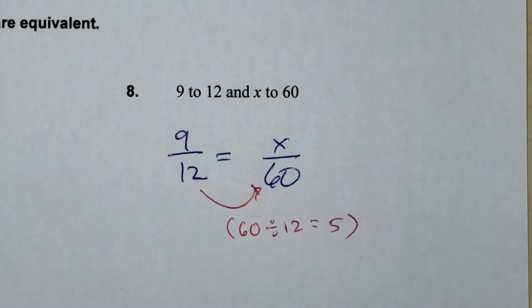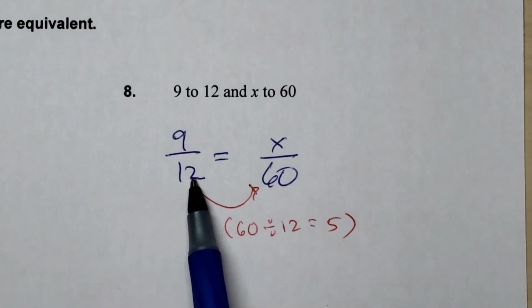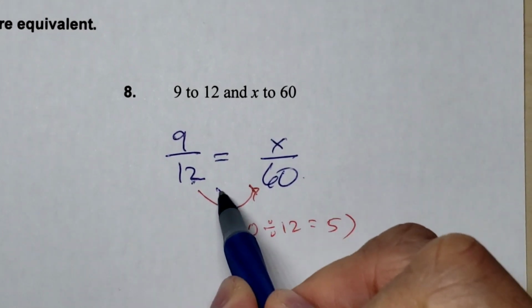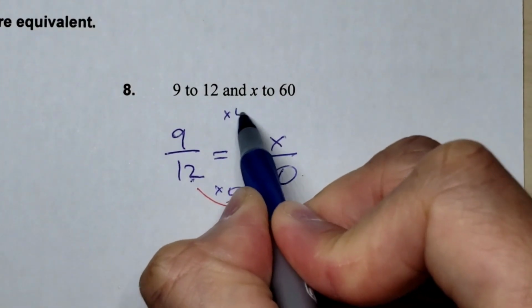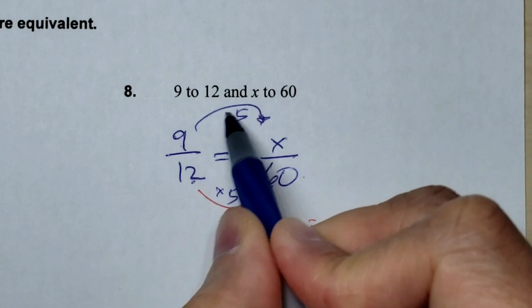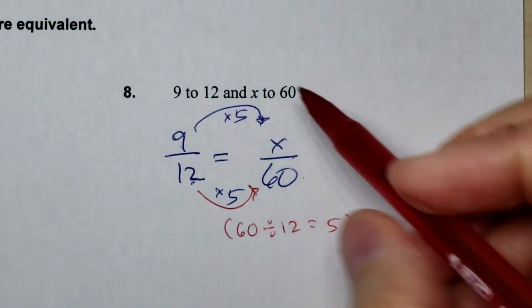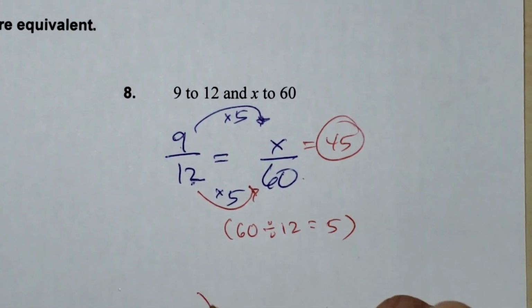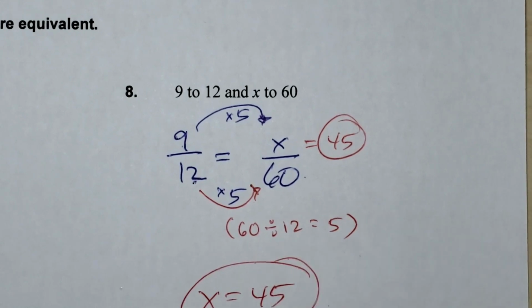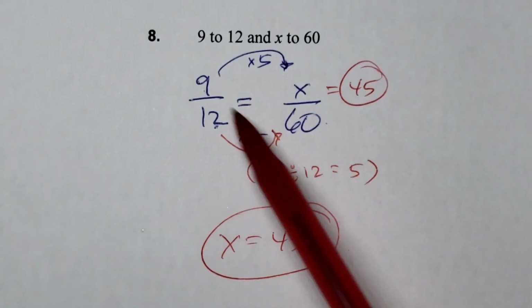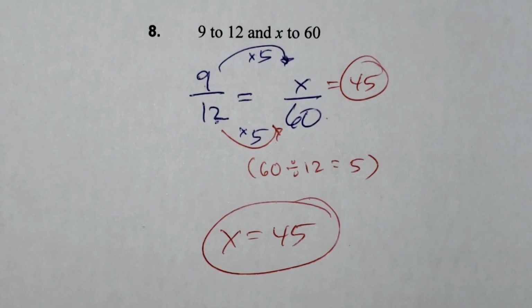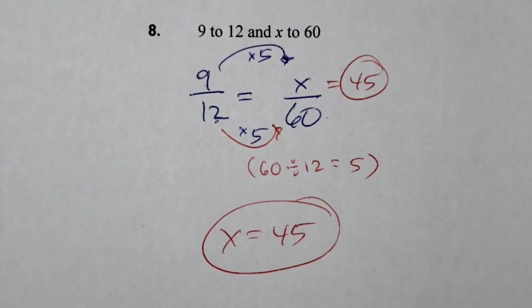So the factor we use to multiply 12 to get to 60 is 5. So multiply by 5 at the top as well. 9 times 5 gives you 45, so x is equal to 45. You can also use cross product if you want to. Whatever method you feel comfortable with, use that.